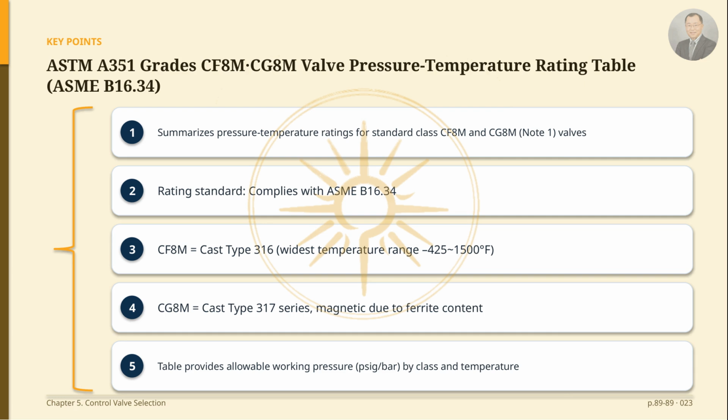CF8M is a cast type 316 and has the widest temperature range, from -425 to 1,500 degrees Fahrenheit, while CG8M is a cast type 317 series and is magnetic due to its ferrite content. The table provides the allowable working pressure for each class and temperature in both sig and bar units.